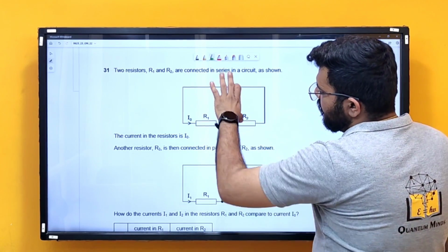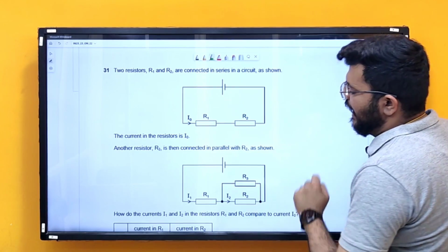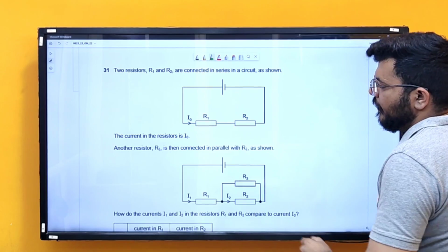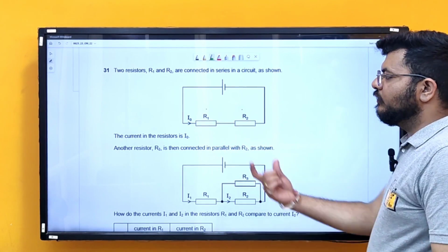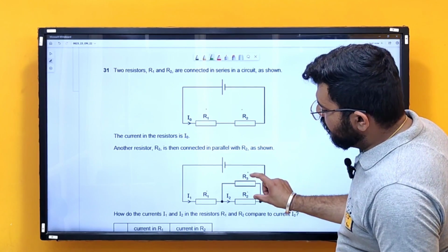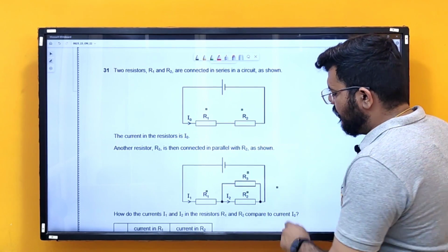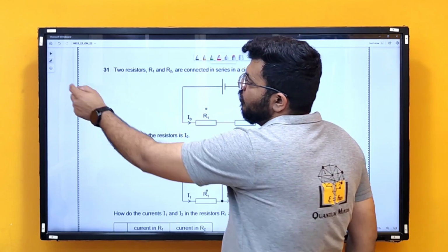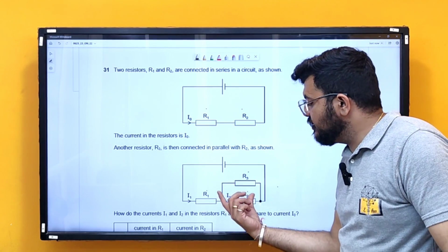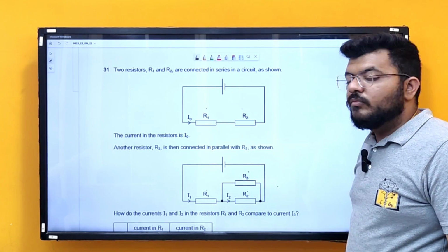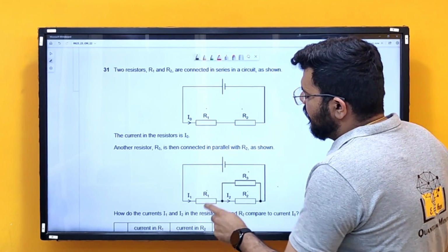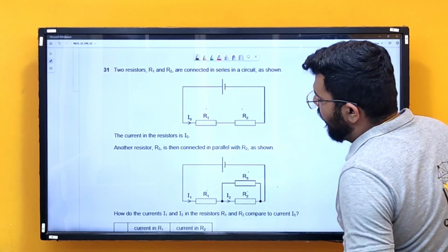So what happens if the cell remains the same but one resistor is added? The total resistance of the whole circuit decreases. Assume these to be 1 and 1. Right now the total resistance is 2. Assume these to be 1, 1 and 1. The resistance of the parallel part becomes 0.5, and if I add 0.5 and 1, I have 1.5. So the resistance is 1.5 here and 2 for the earlier arrangement.